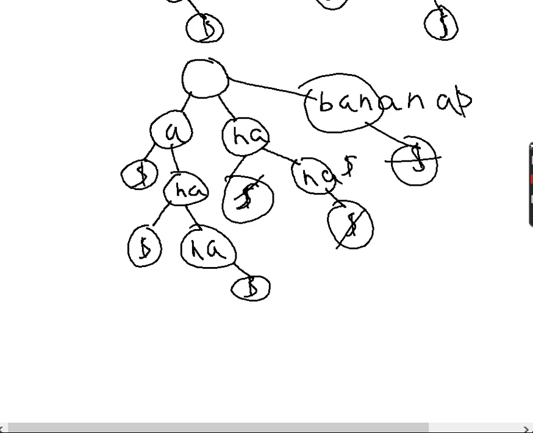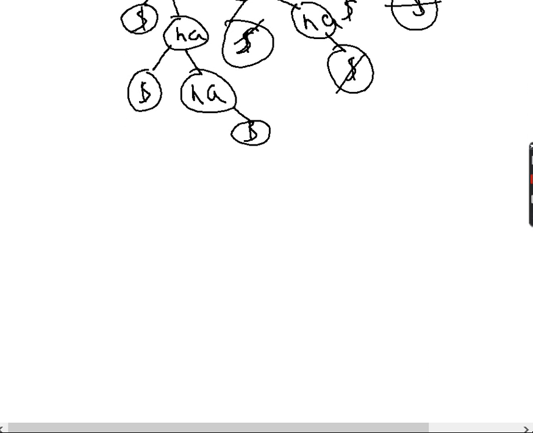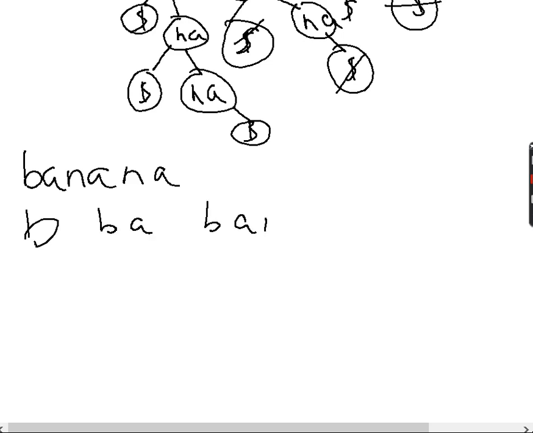So if you look at the substrings of the text banana, what are the substrings? It could be B, it could be BA, it could be BAN, it could be BANA, and so on.